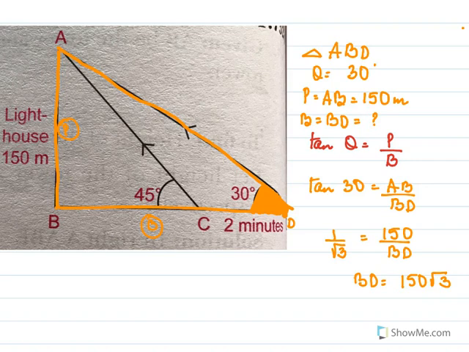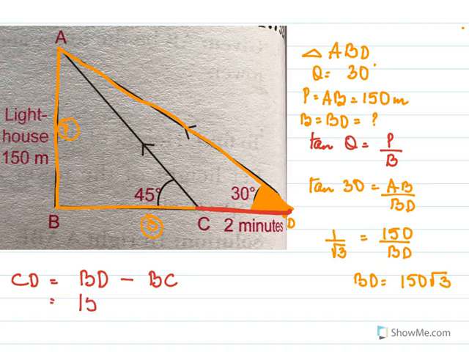Now if you remember, we were to find the distance. We had to find the CD, this distance, and then we have to do distance over time to get speed. Now see the distance CD. Look up in the figure and see what CD is. CD is BD, that entire, minus BC.